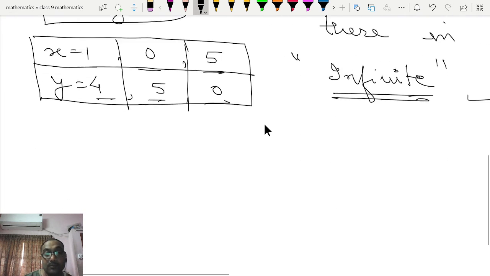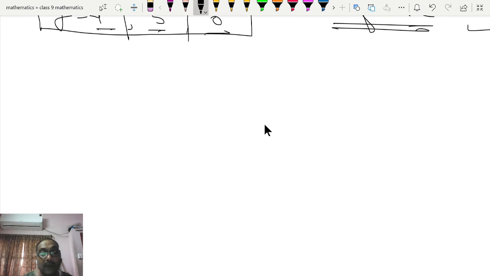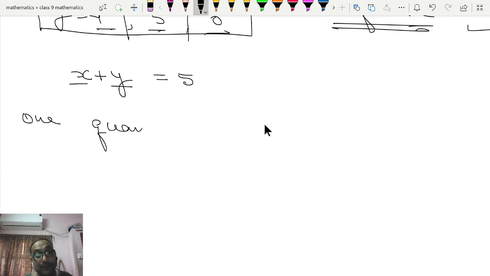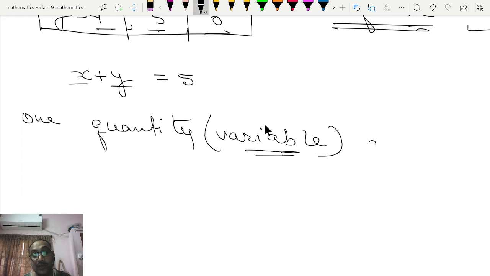Now, how will you find the solution? Suppose there is a linear equation x plus y is equal to 5 and you require to find the solution of this, then you need to make one variable the subject.